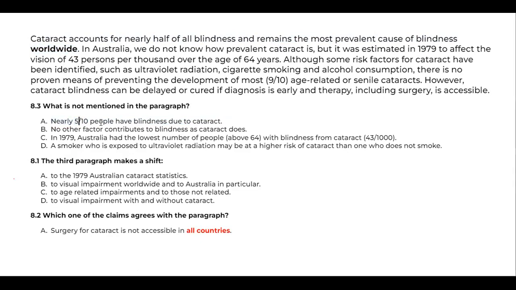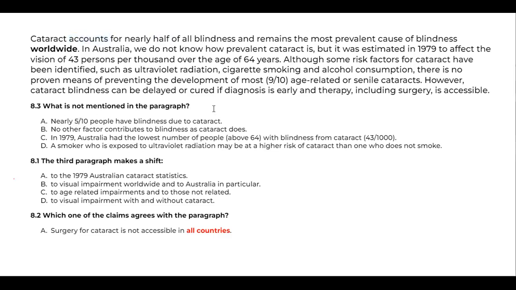So nearly 5 out of 10. Is it not nearly half? Don't you think that is equal to nearly half? 5 out of 10 is equal to half. And nearly is also there. Cataract is contributing to nearly half of all blindness and remains the most prevalent cause of blindness worldwide.